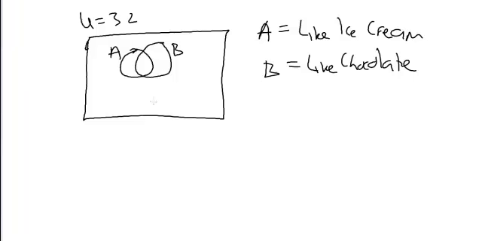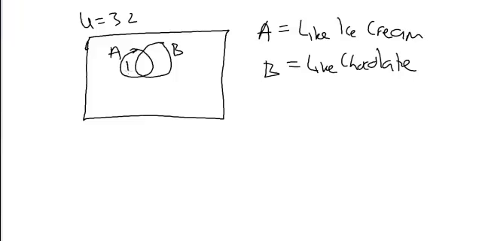Now, the power of this comes in because it provides a vocabulary, a way to be more precise. A is the collection of people who like ice cream, but everybody who likes ice cream doesn't necessarily like chocolate. So this lets us be more precise.